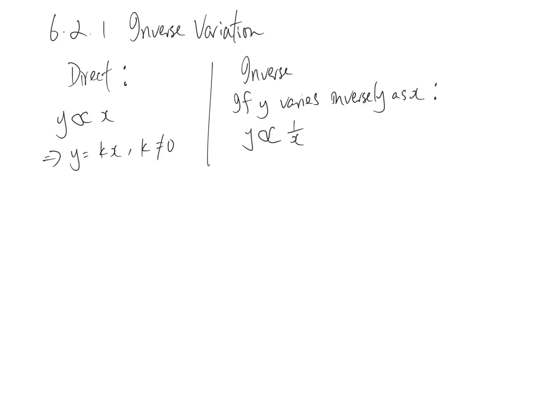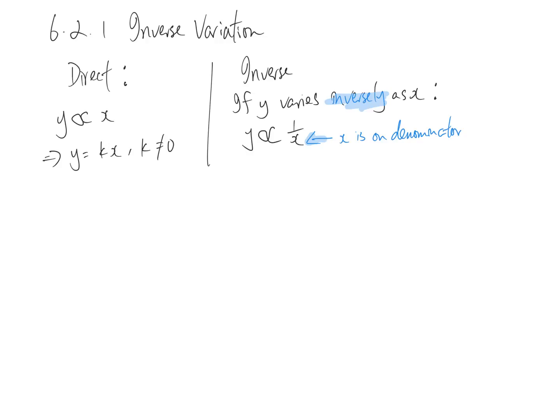But actually, here you should understand that the inverse is being illustrated by the denominator. This x is on the denominator, then the inverse is being shown, because we change x to the inverse of x, that means 1 over it.